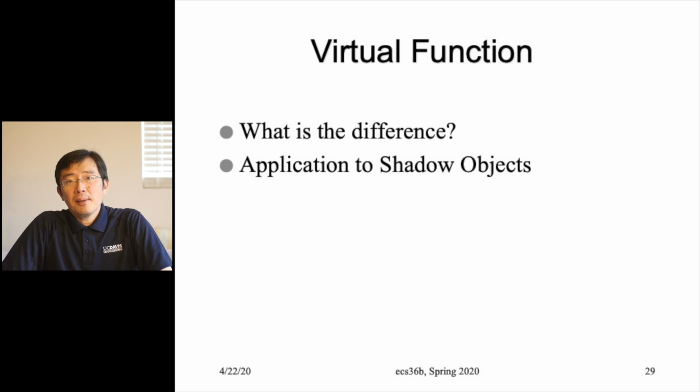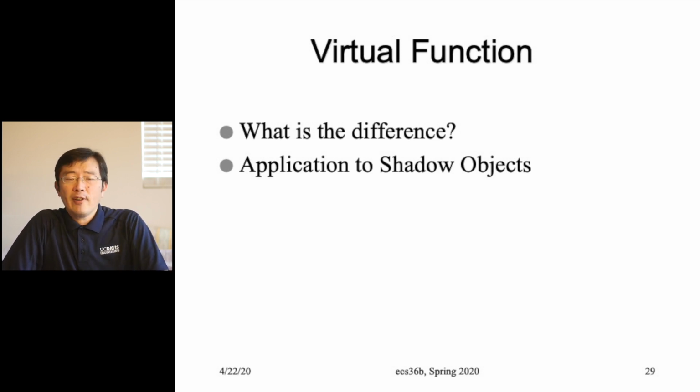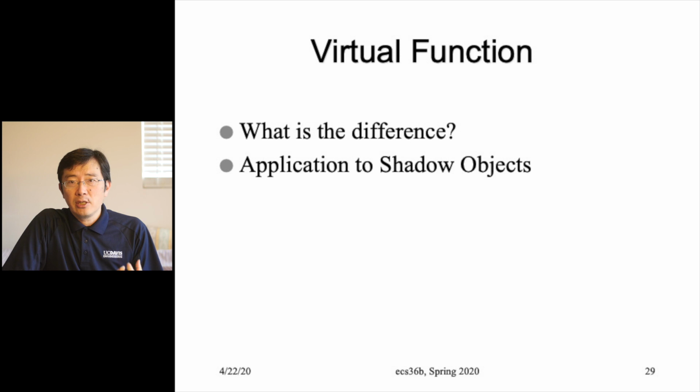Okay, that's what I want to cover today. Basically, I talked about two things. The first is what a virtual function is, how to use it, and what kind of difference it makes compared to a non-virtual member function. The second part shows that the idea is really powerful if you want to do something like a shadow object, which allows you to do a lot of transparent distributed resource management.